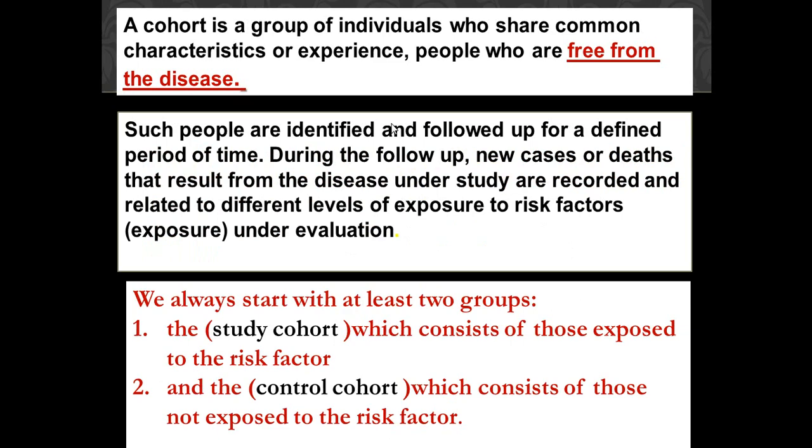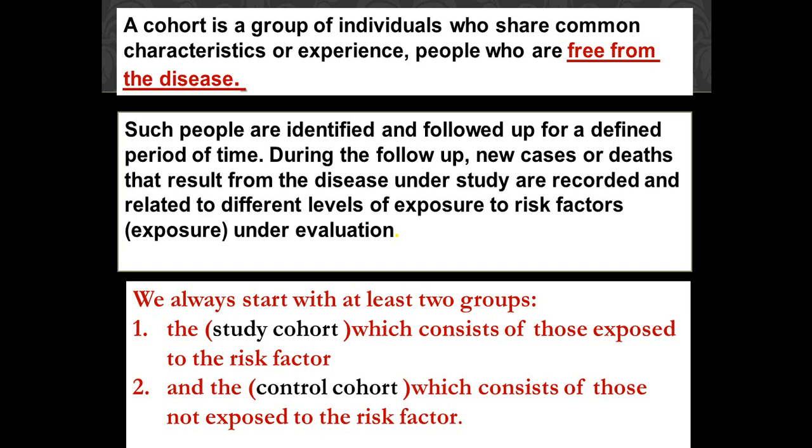cohort study. So what is a cohort? A cohort is a group of individuals who share a common characteristic or experience, people who are free from the disease. They are not diseased people. Such people are identified and followed up for a defined period of time. During the follow-up, new cases or deaths that result from the disease under study are recorded and related to different levels of exposure to the risk factor.